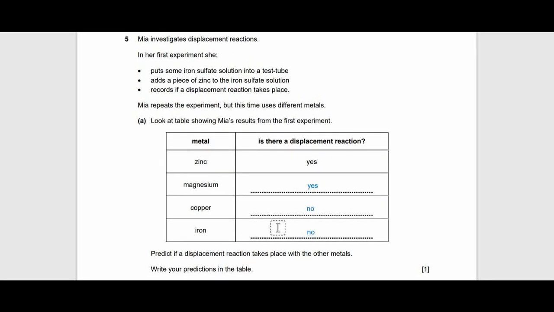So how do we get this answer? We have to remember the metal reactivity list. The one that is more reactive, then there will be a reaction. How do we know there is a reaction here? Zinc reacts with iron sulfate.